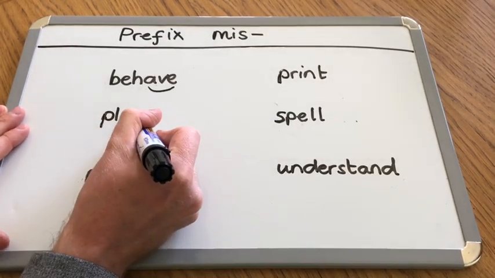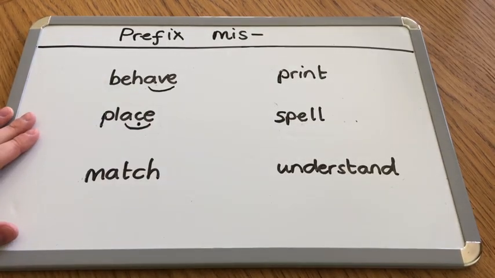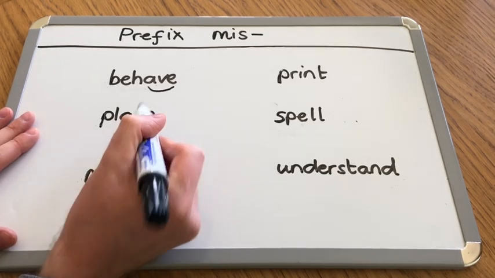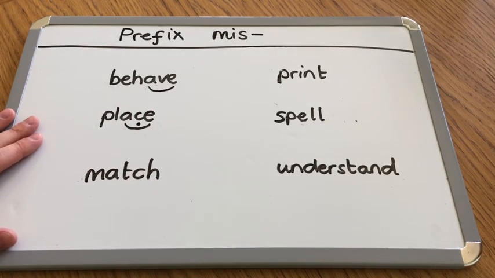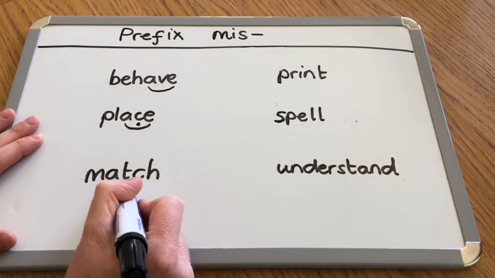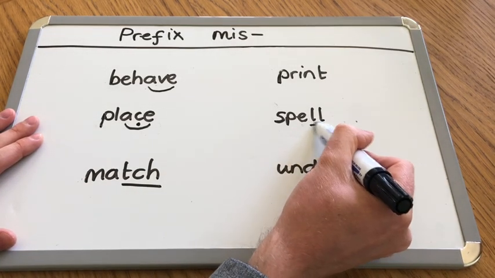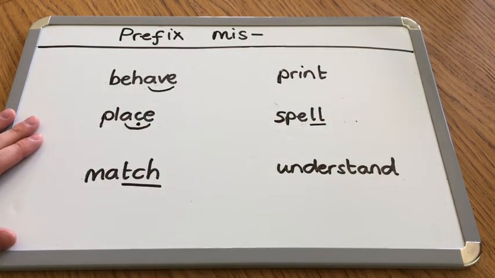And remember that when you have that A split A grapheme, when you hear a S phoneme with the word, so in place, it's usually written with the grapheme C. In match, we have the TCH, making the ch grapheme. Spell, we have the double consonant.